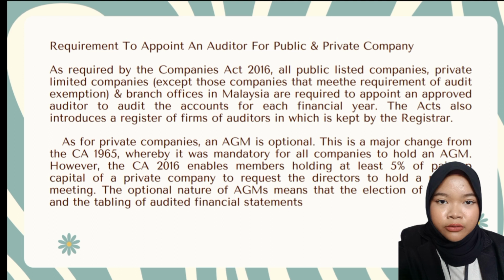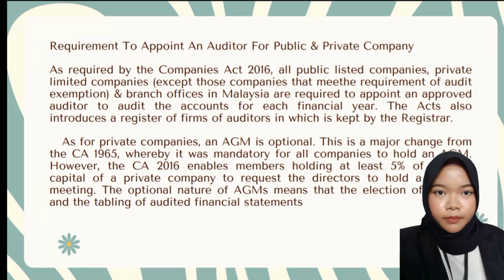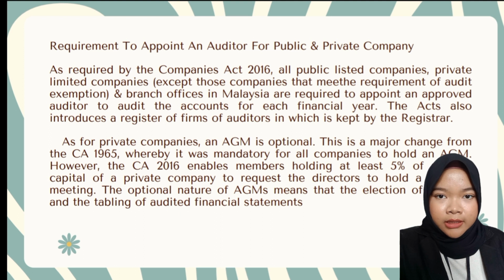The first one is audited financial statements, director's report, and audit report, which means an auditor is compulsory for public companies. As for private companies, an AGM is optional. This is a major change from the Companies Act 1965, whereby it was mandatory for all companies to hold an AGM, annual general meeting.